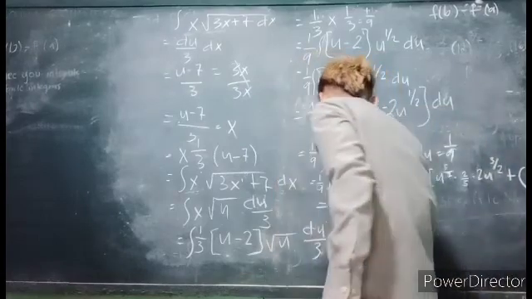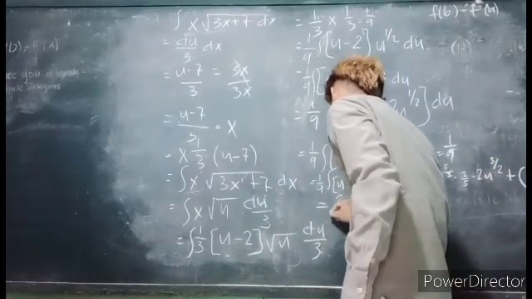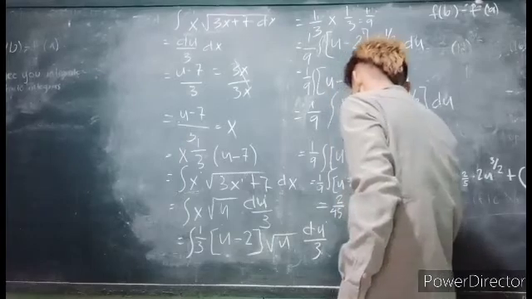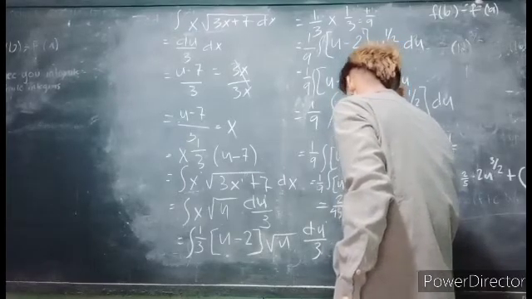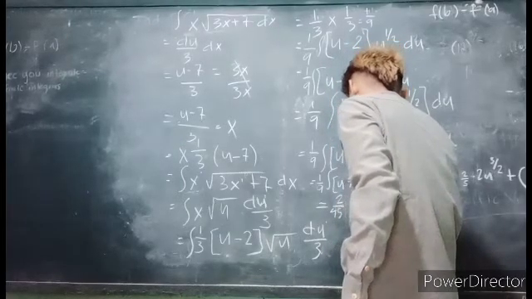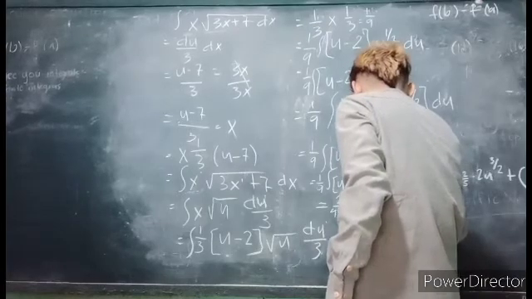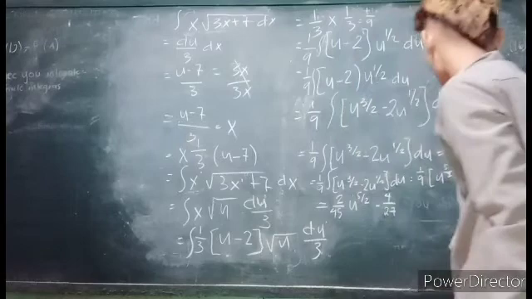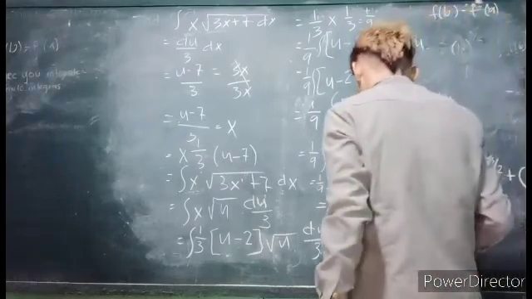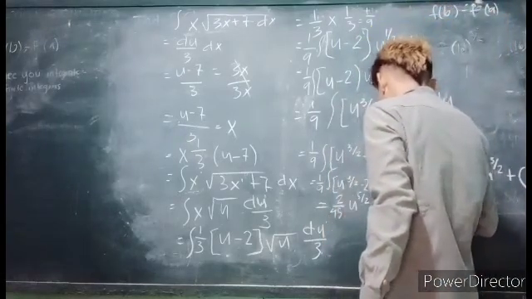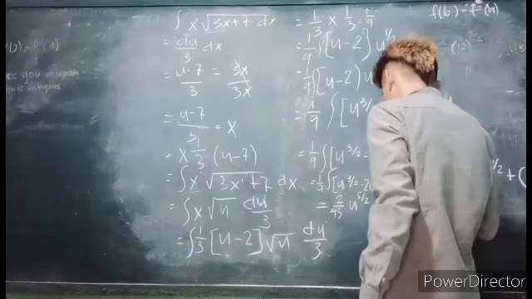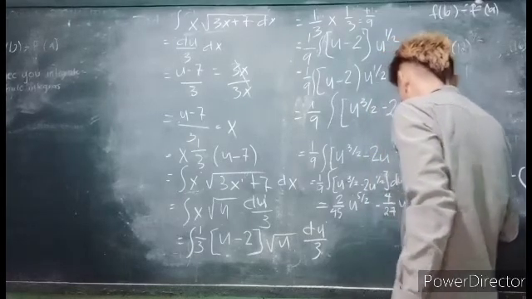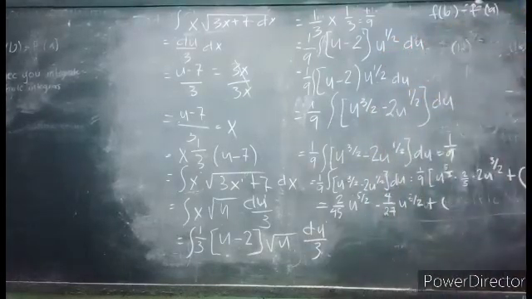Equals to 2 over 45. So 2 over 45, you copy the u to the 5/2 minus 4/27 u to the 3/2 plus c. Okay, gets?